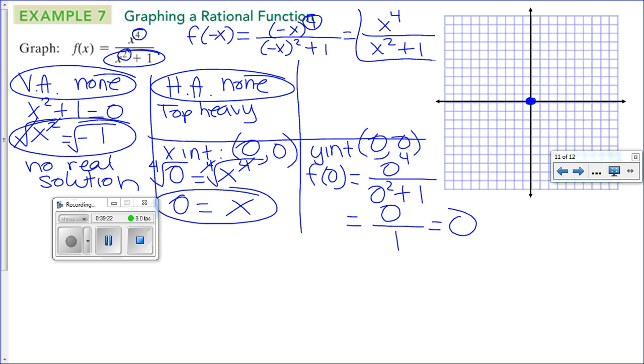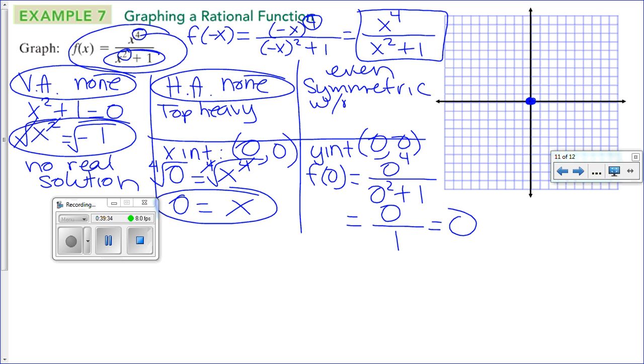Since we are obtaining the same function as the original function, we could say that the function is even, and therefore it is symmetric with respect to the y-axis. Now keep in mind that we do not have any vertical asymptotes and we do not have any horizontal asymptotes.